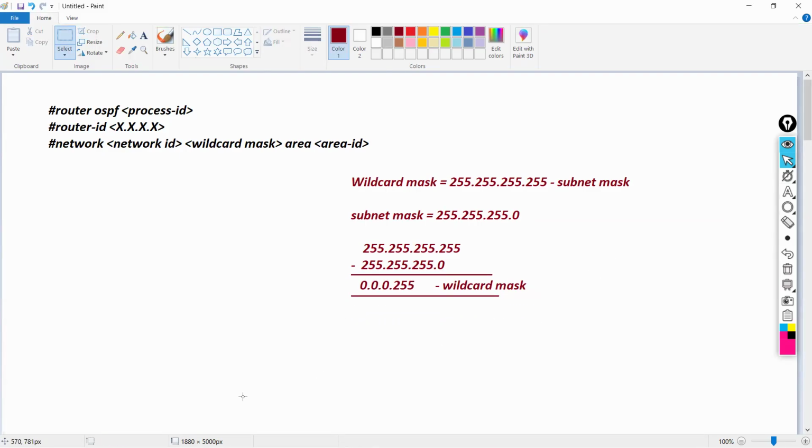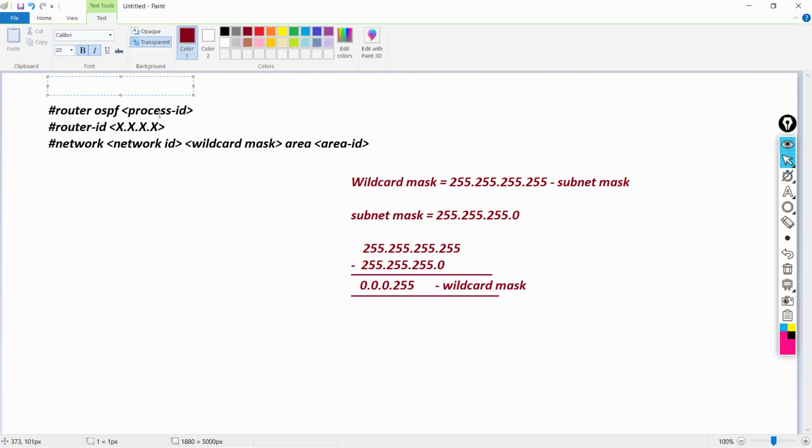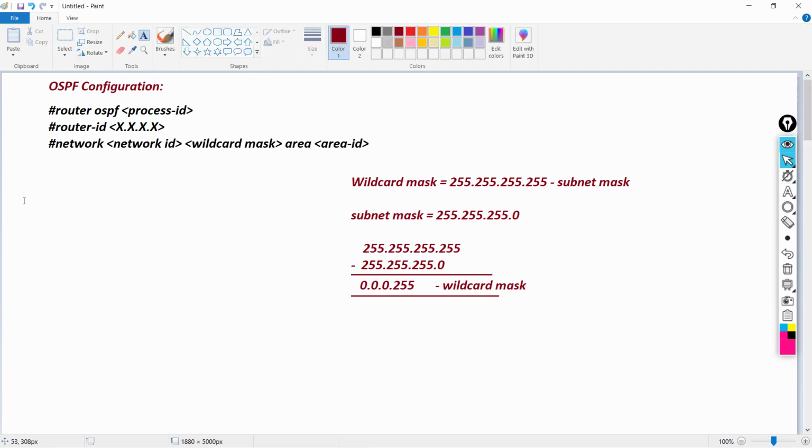This is clear. So let's go and see the basic configuration of OSPF.